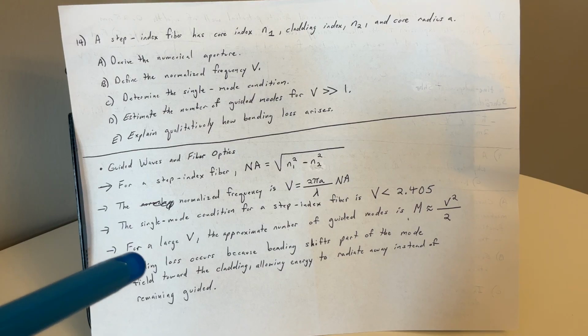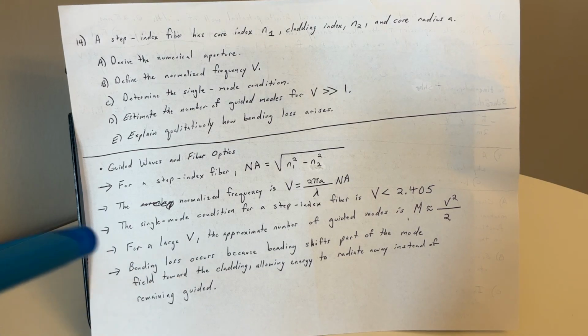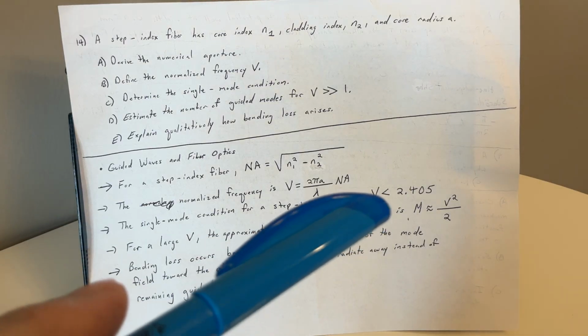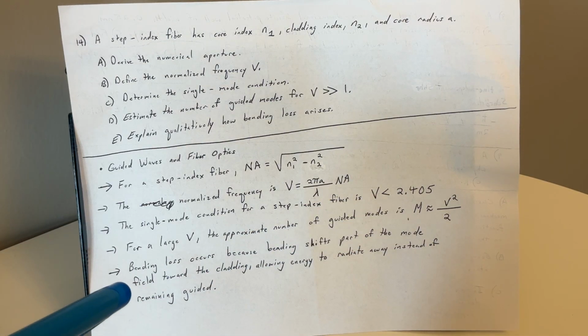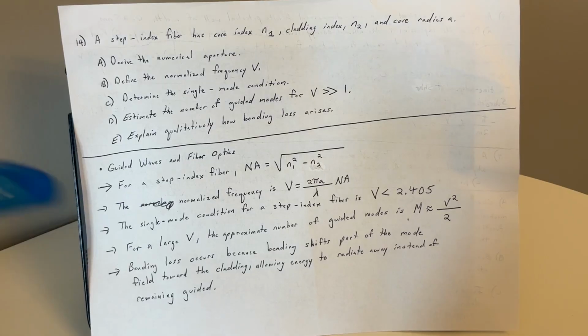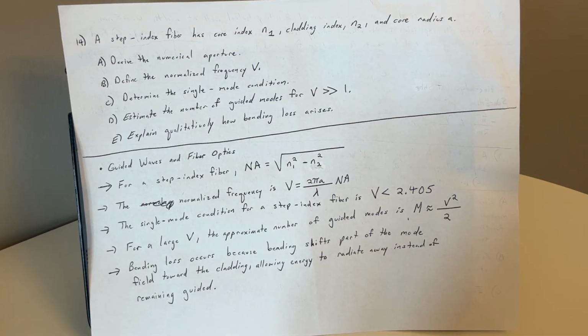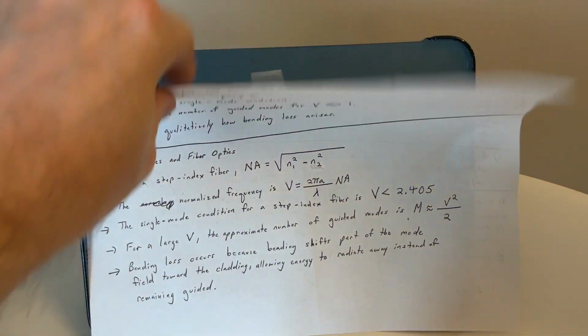For a large normalized frequency, the approximate number of guided modes is M approximately V squared over 2. And bending loss occurs because bending shifts part of the mode field toward the cladding, allowing energy to radiate away instead of remaining guided. So that's number 14.